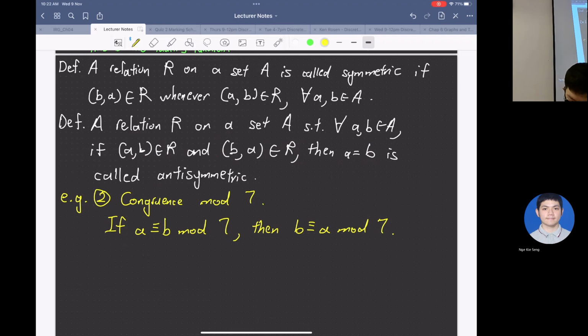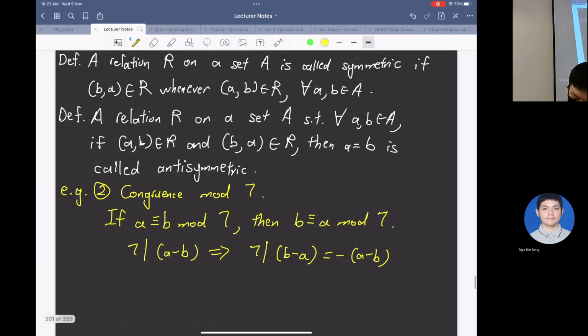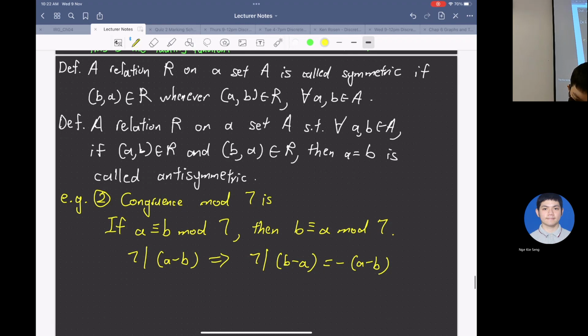Yes, right. Because 7 divides A minus B implies 7 divides B minus A, which is minus (A minus B). So that means if AB is in your mod 7 relation, then BA is also in your mod 7 relation. So congruence mod 7 is symmetric.